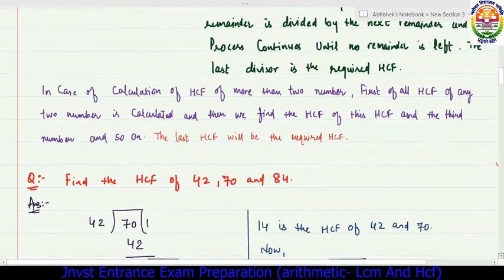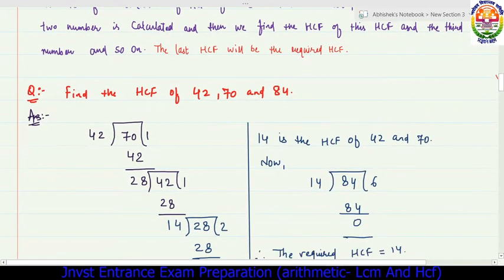The question says find the HCF of 42, 70 and 84.